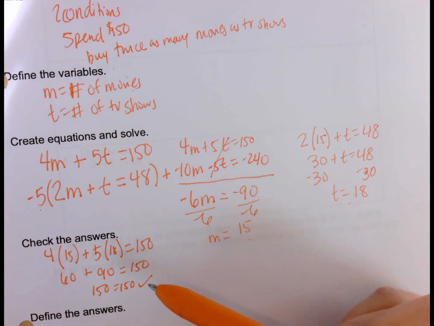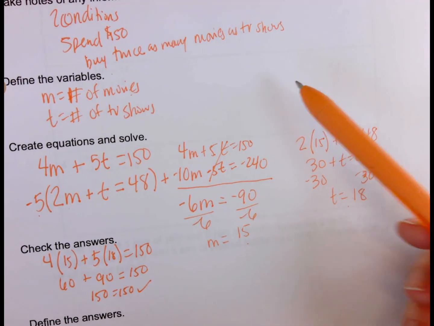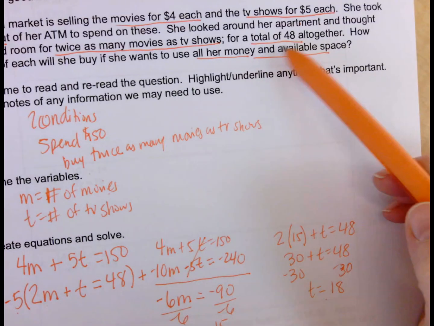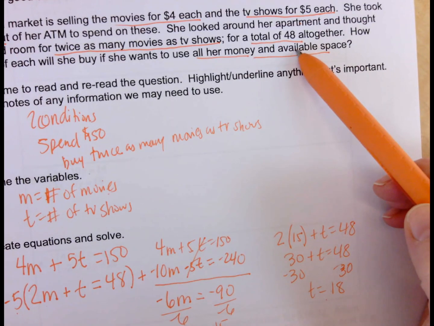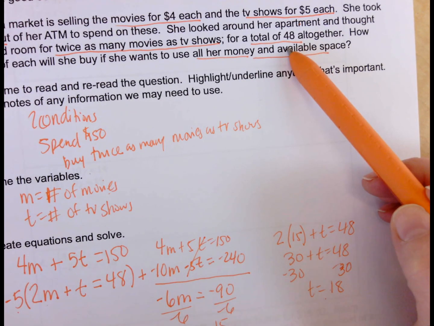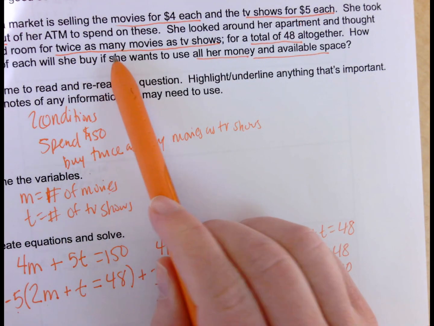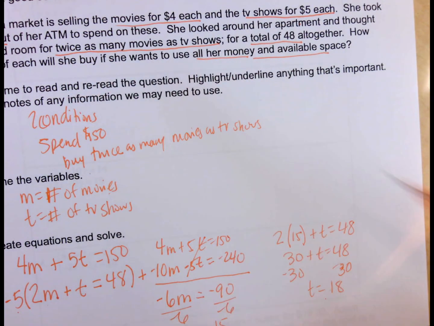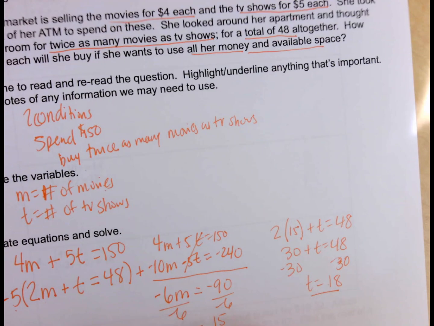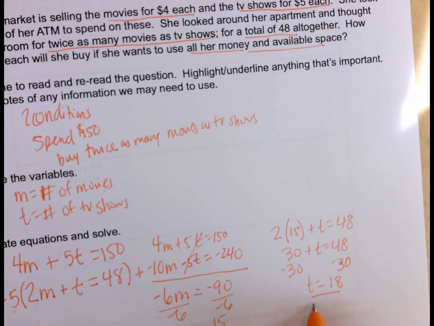Okay, now before I plug these two values back into the second equation, I want you to think for just a second. She wanted to buy a total of 48 altogether, movies and TV shows, but she wanted twice as many movies as TV shows. So the question is, are there twice as many movies as TV shows?